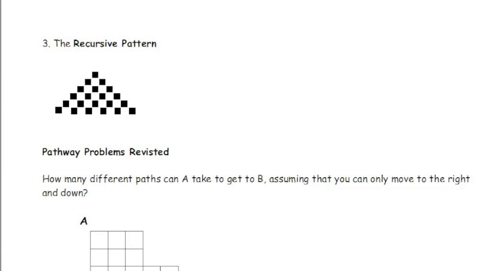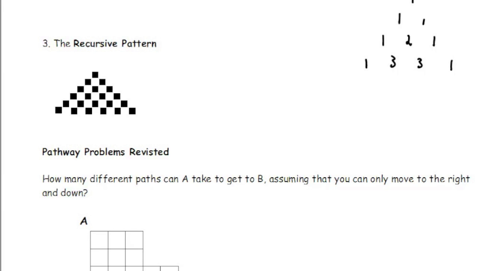Let's take a look at another pattern, which is going to be awfully useful when we start dealing with these pathway problems again. It's this idea of the recursive property. If we just write out the first couple of rows of the Pascal's triangle, I'll put this up here. 1; 1, 1; 1, 2, 1; 1, 3, 3, 1.